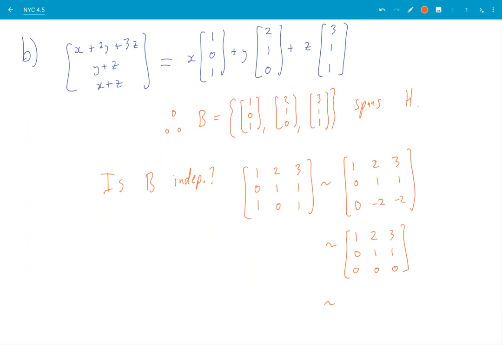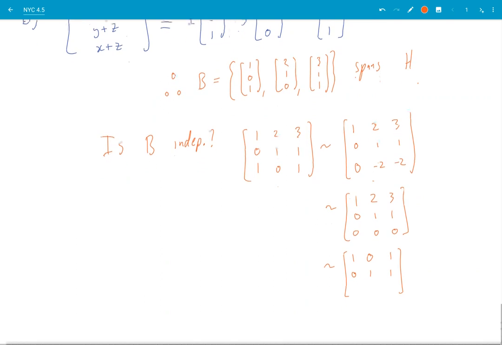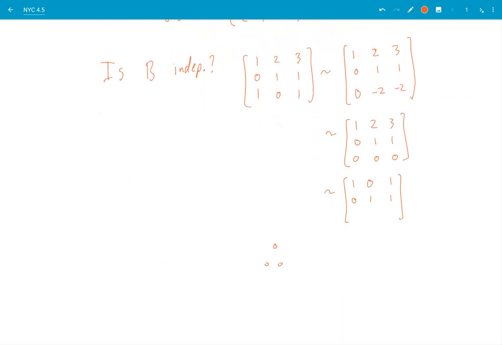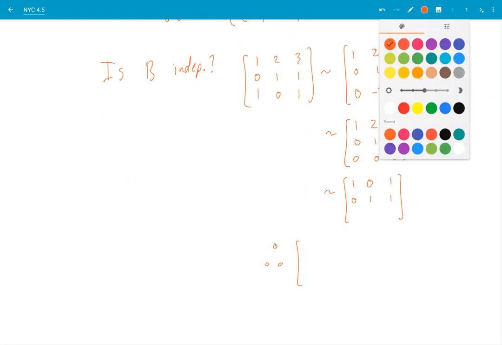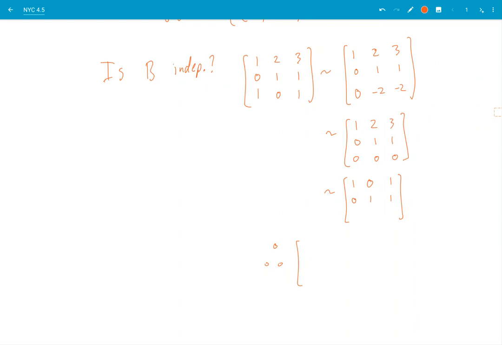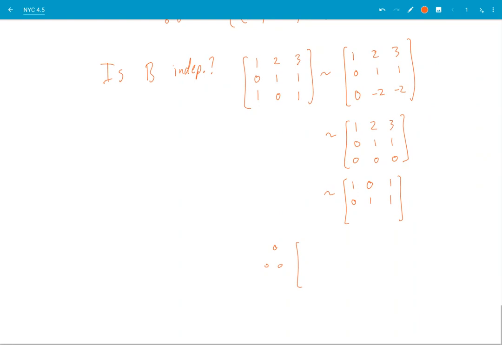If I go a step further, what can I see from this? Well, I can see that this third column is 1 times the first column plus 1 times the second column.